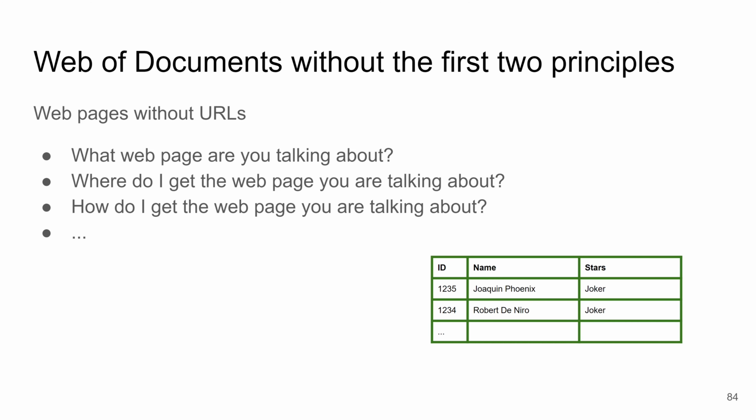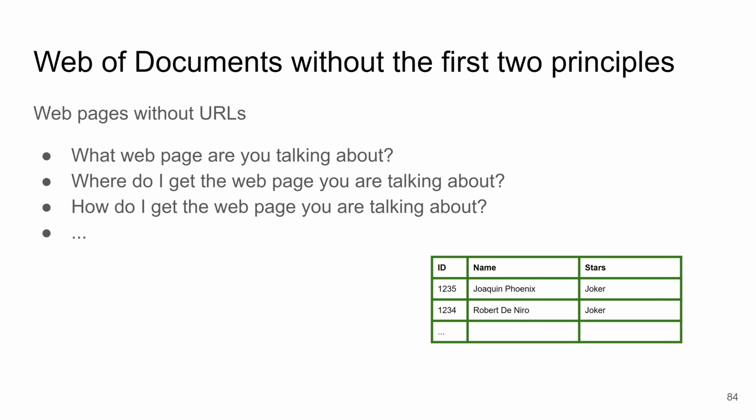Well, imagine how the web of documents would look if those two principles were not there. It would mean that you have a web page that doesn't have a URL. So it is very hard to get to, you cannot share it, you cannot point to it, you can't identify it, and so on.